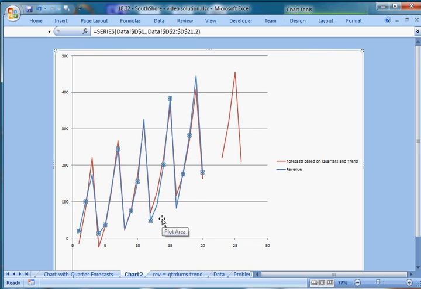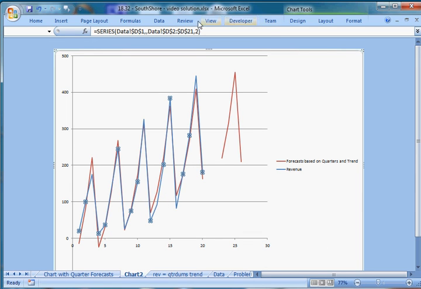The revenue might be bouncing around more as time goes on, which might indicate that when we would deseasonalize this data, what we would really want to do is use a multiplicative model. For the quarters, it might be that the quarters are representing a percentage. And as the years continue and revenue grows, you might expect to see a higher and higher percentage deviation there.